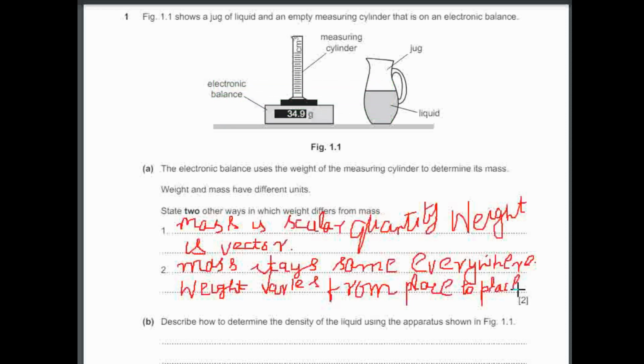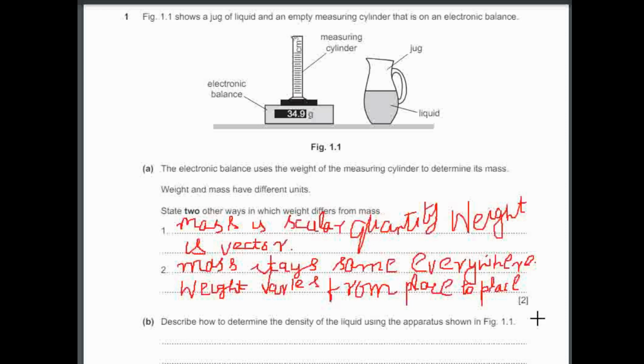Also, you can write that mass is the quantity of matter, and weight is the force with which Earth attracts a body towards its center. So these are other two differences, but we have to mention two differences. If you write them, you can get 2 full marks.